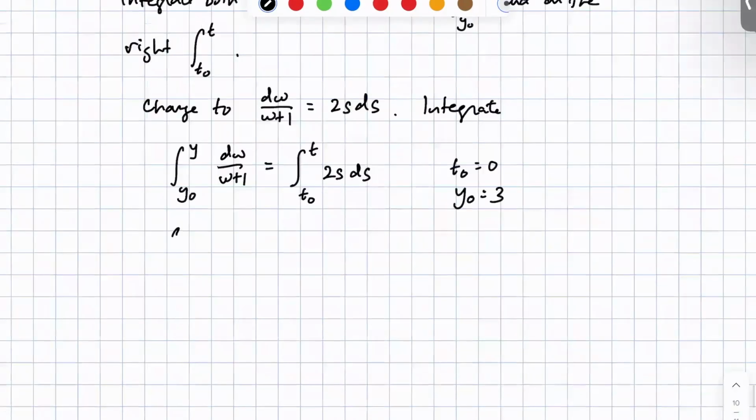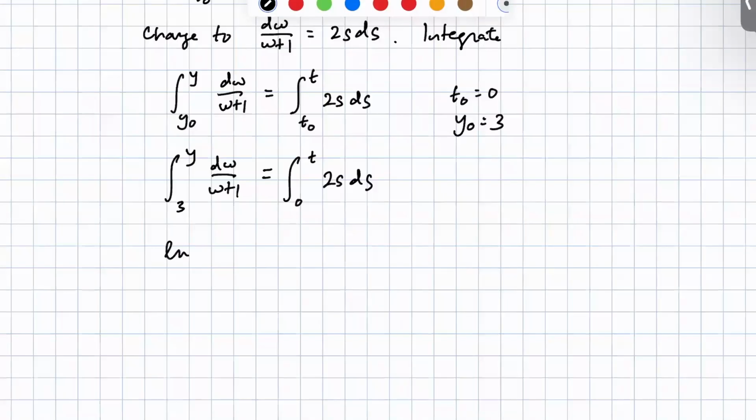So I'll be integrating from 3 to y of dw over w plus 1 is equal to the integral from 0 to t of 2s ds. So on the left, we have log of w plus 1 from 3 to y, equal to s squared from 0 to t.